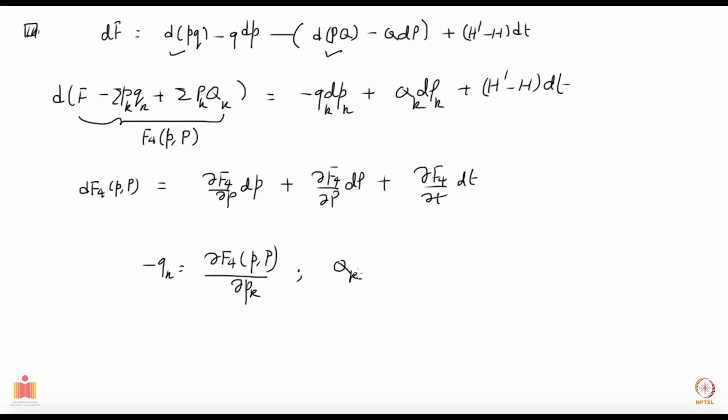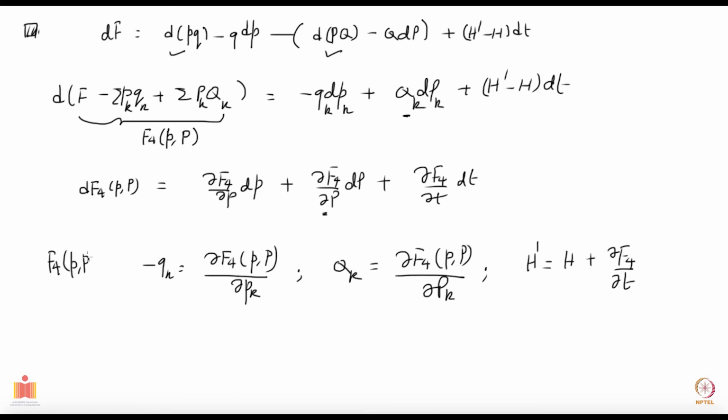Your capital Qk is del f4 over del capital Pk, and your h prime is again h plus the partial derivative with respect to time of f4 as a function of p and P.